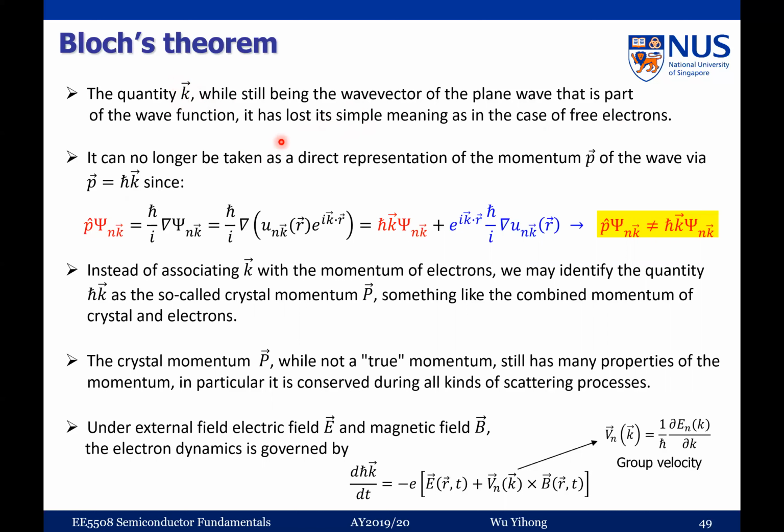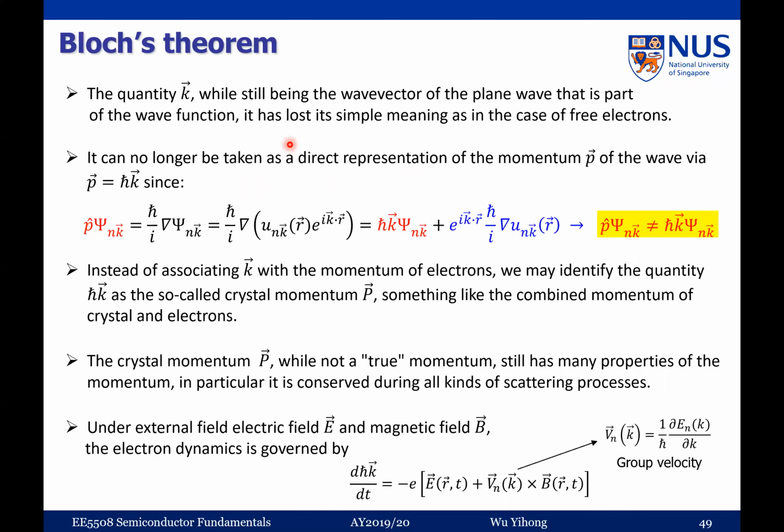We already derived it. Here in a real lattice, although K is still the wave vector, ħK is not the momentum of the electron anymore, not the real momentum of the electron.